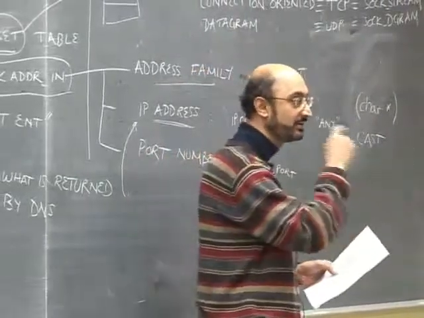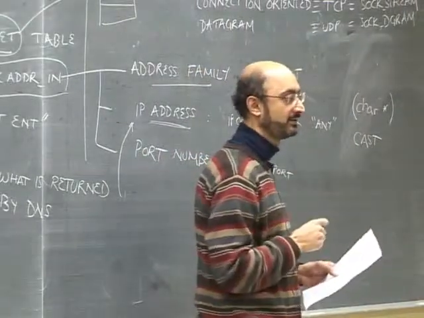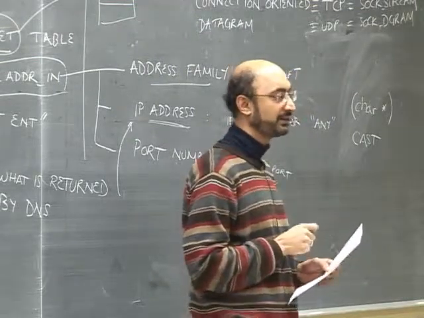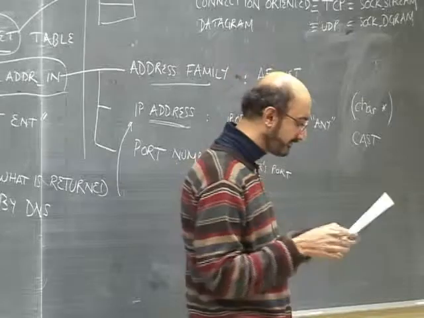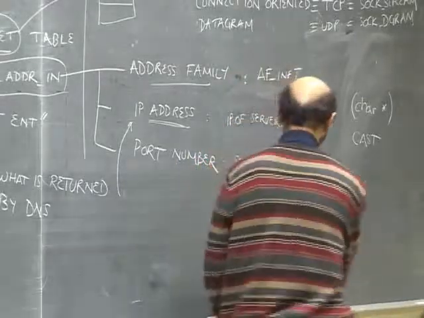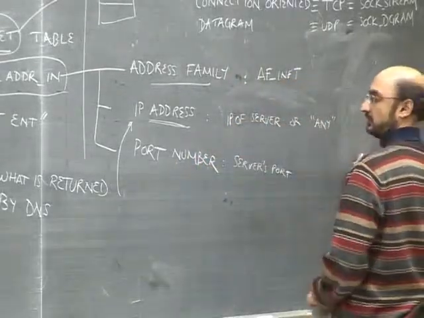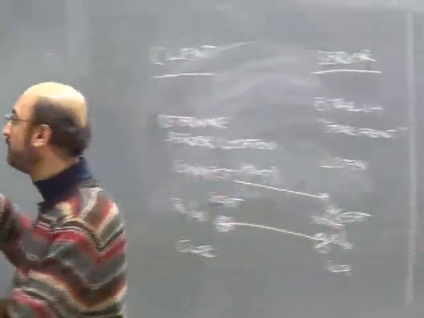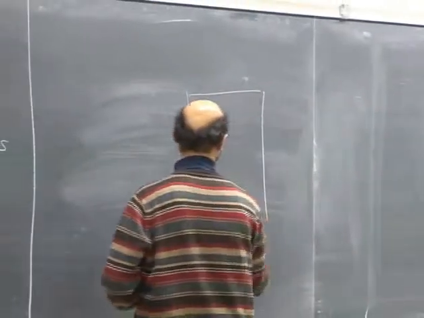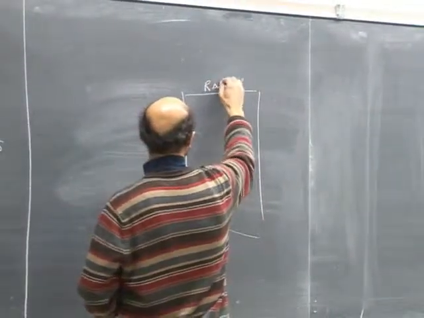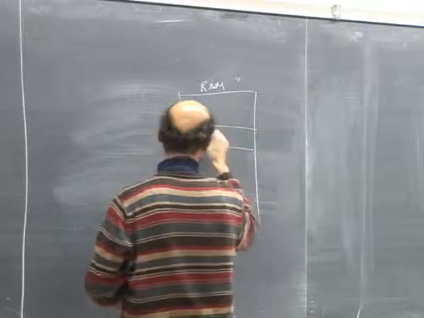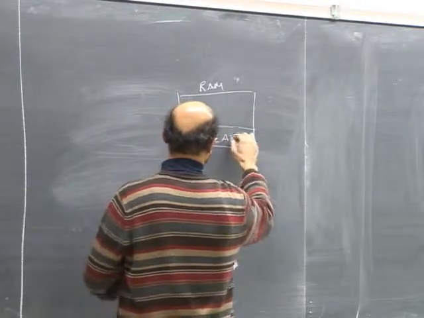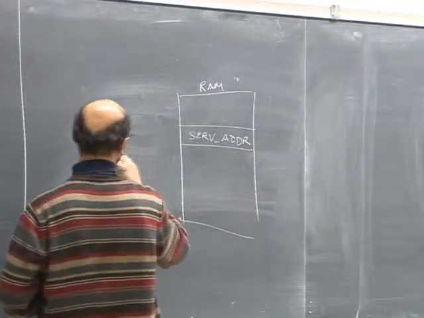Did you have a question over here? I was thinking about the ampersand. Yeah, it's the address of the server address. The way you have to think about it is like this: we have memory over here, this is your RAM, and somewhere in memory is this server address.